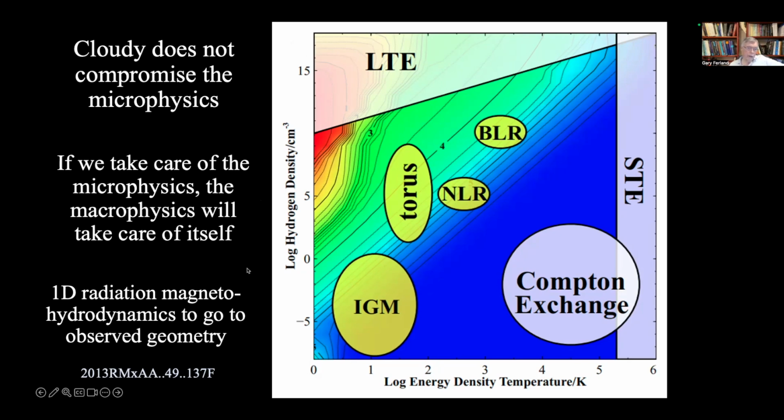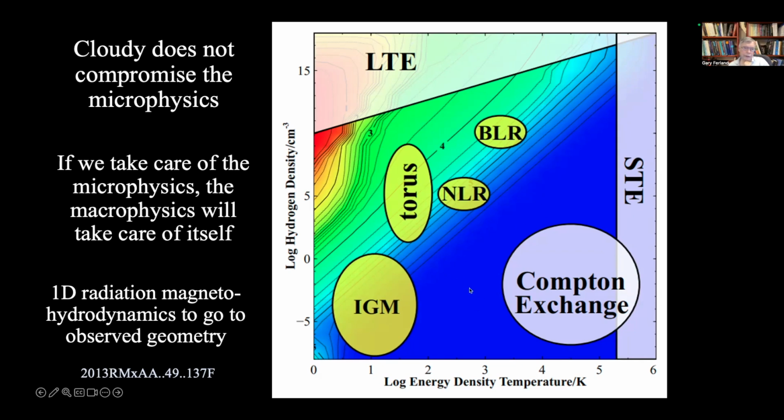Now this scale is a huge range of densities going to below the intergalactic medium up to approaching stellar atmosphere densities. And there are simple thermodynamic limits that you should go to, local thermodynamic equilibrium and strict thermodynamic equilibrium, and then an ionization limit in the case of Compton exchange. So Cloudy behaves in all these proper limits.